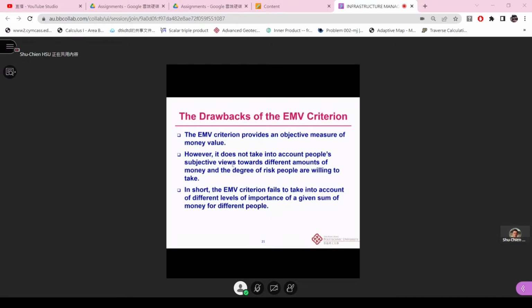Before we talk about another example, let's go back to example 2. Remember, I mentioned that even though we use the decision tree, we also know that the chance of the typhoon hitting the site is actually quite low, only 10%.